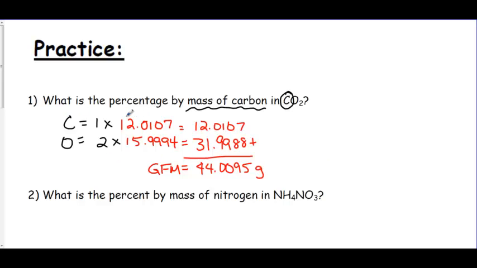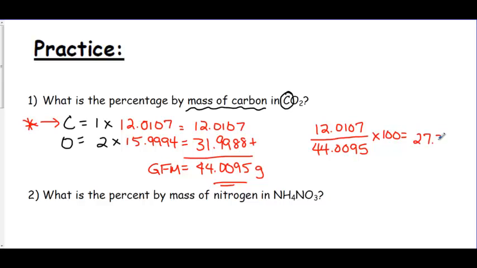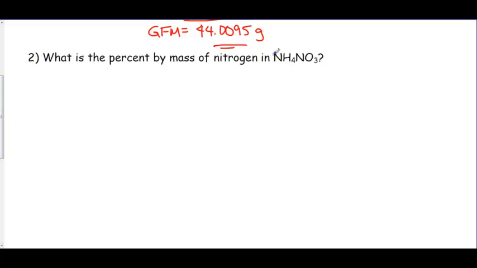So we're going to say that the mass of the part of the carbon, this is what they want to know, divided by the mass of the whole, which is 44.0095, times 100 is going to give us 27.3%. Remember, 10th place.